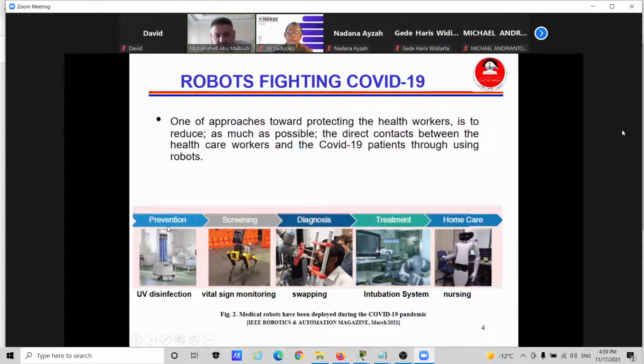First, in prevention, like UV disinfection; in screening, like vital sign monitoring; in diagnosis, like swabbing, where this robot is taking a swab from this person; or in treatment, where if the patient gets very sick, we need to put in a tube to help them breathe better, so some people investigate using robots in intubation systems.